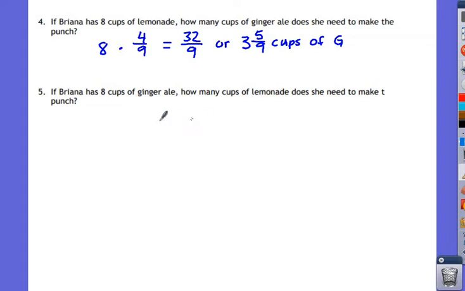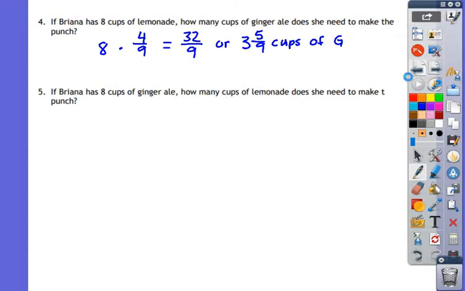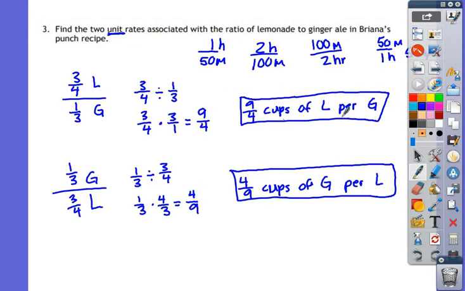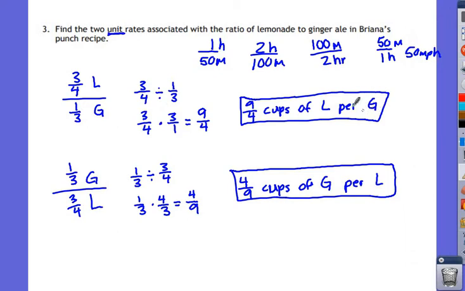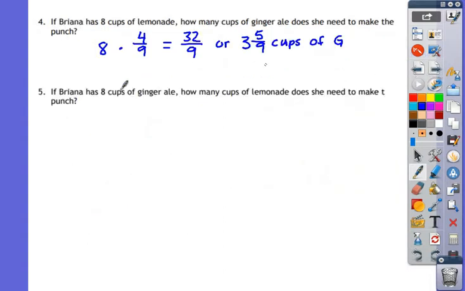Alright, number 5. If she has 8 cups of ginger ale, so this time she knows how much ginger ale, I'm looking for lemonade. So going back here, she knows how much ginger ale, looking for lemonade. So this would be my useful scale factor to use. She has the ginger ale.